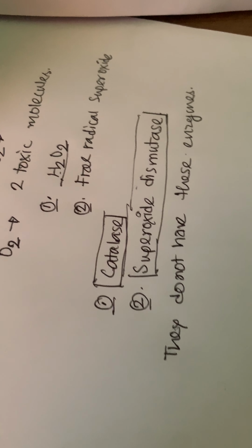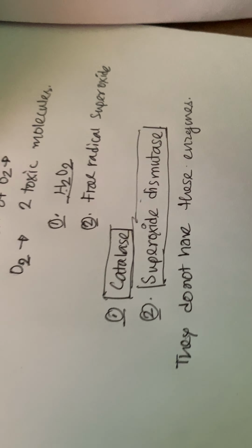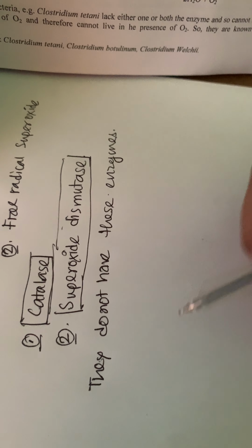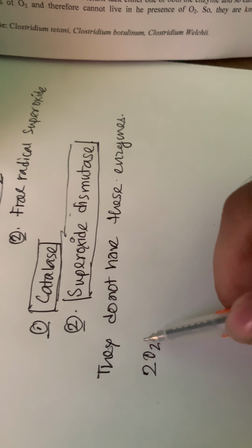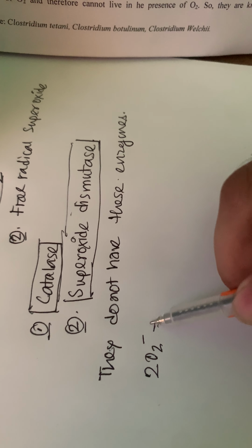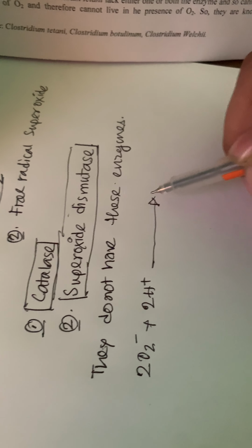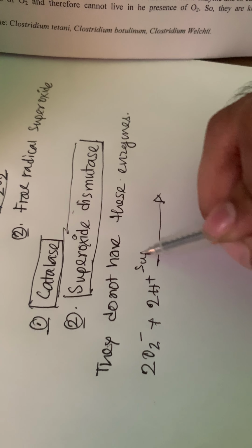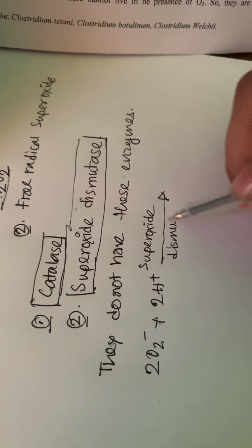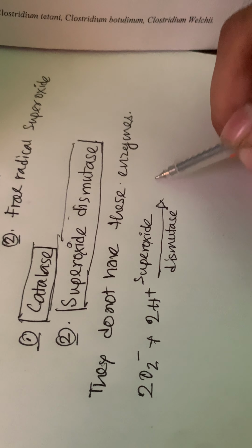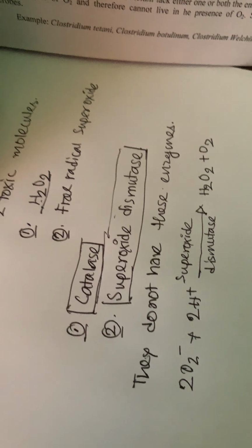And let's see how catalase and superoxide dismutase neutralize these toxic products. First, when oxygen is there, two oxygen molecules, let's say, and two hydrogen molecules, in the presence of superoxide dismutase, they produce hydrogen peroxide and free oxygen.